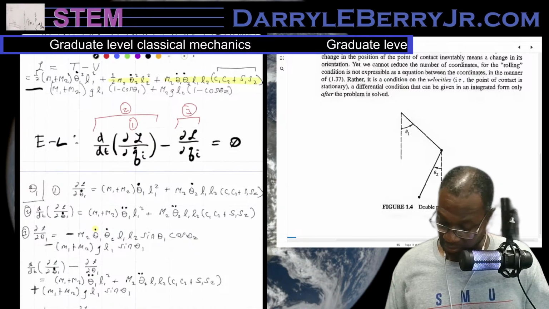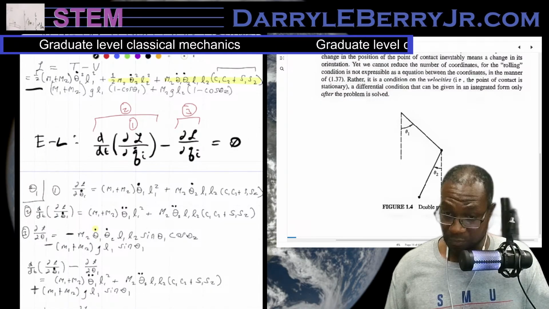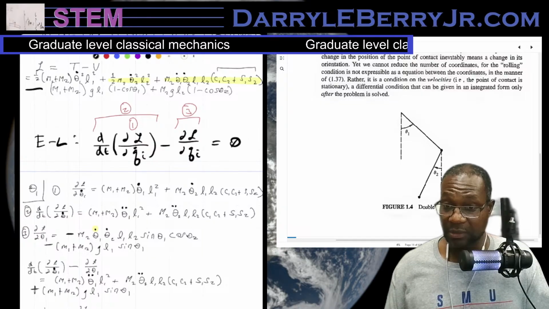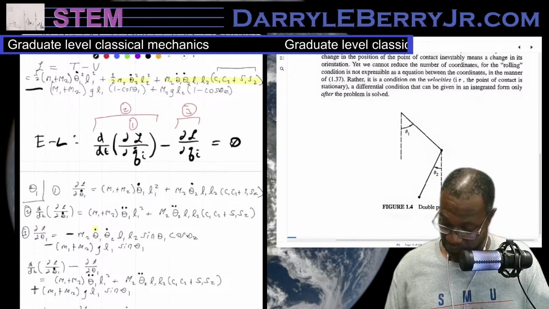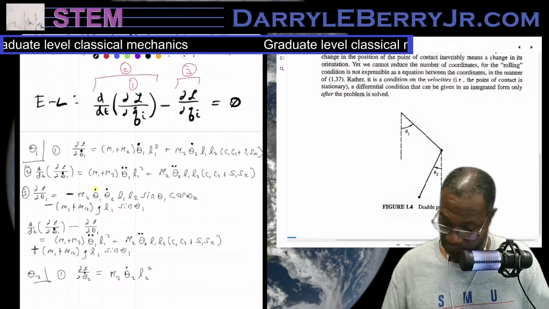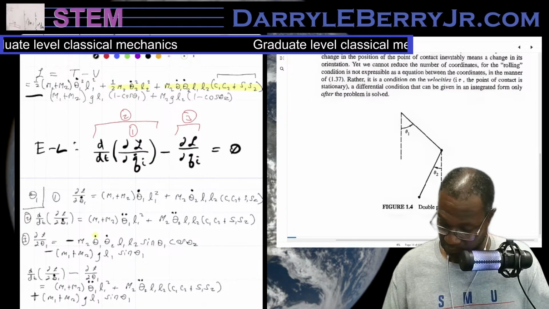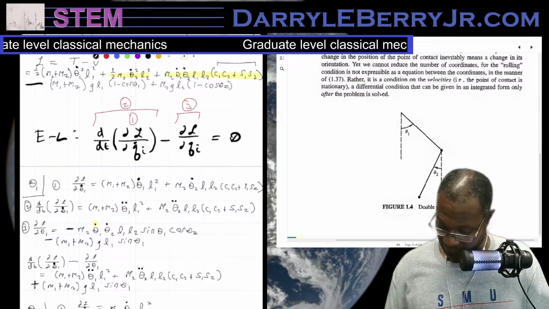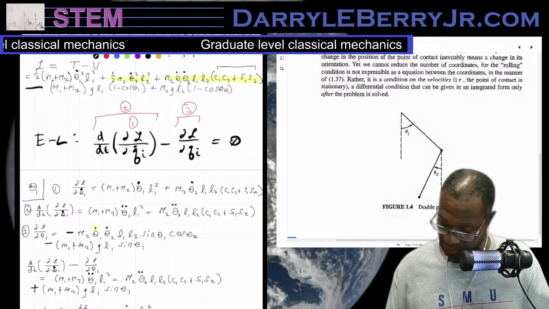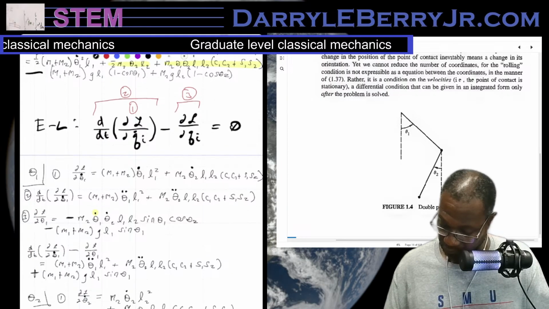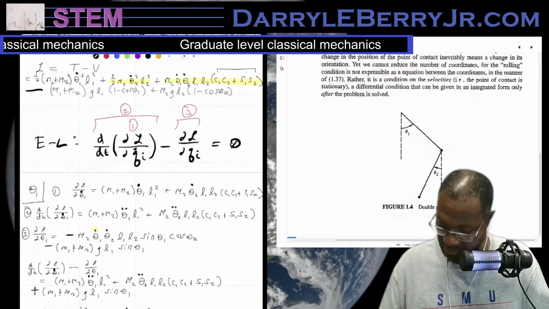So we have M2 theta 2 dot L2 squared, plus M2 theta 1 L1 L2 C1 C2 plus S1 S2. That seems to be that.